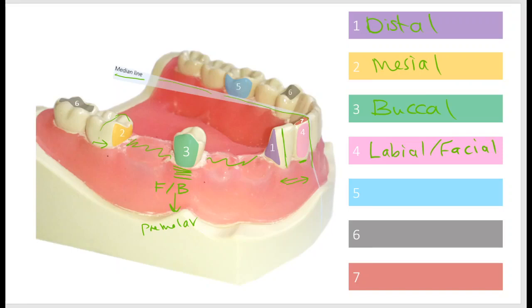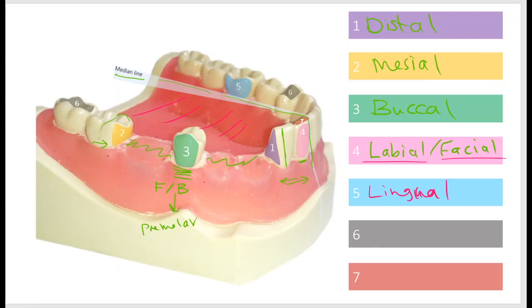Again, that's okay if you type any of these. I'll accept that, until you start doing the charting, and then we have to switch to facial more than labial. Number 5 is on the side where the tongue is, and that's why it is lingual, whether it is an anterior or posterior tooth.